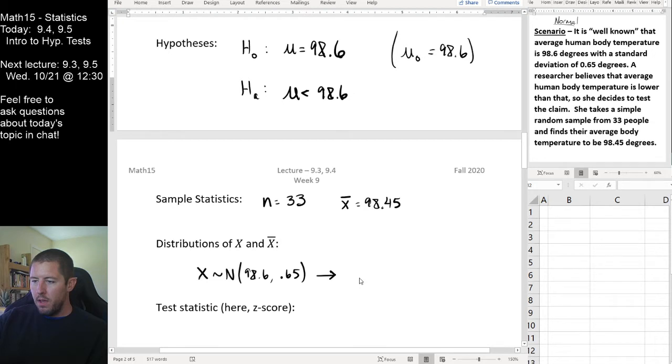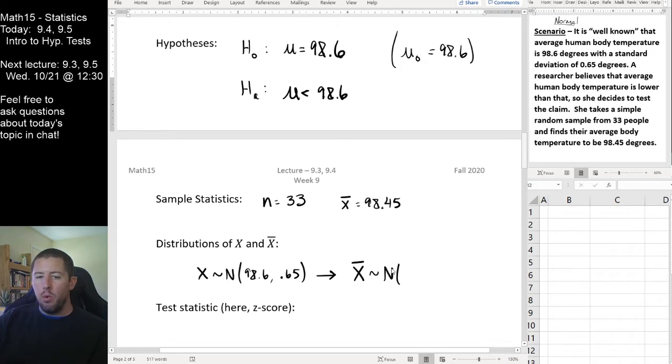So our sampling distribution for the sample mean then should be normal. And by the way, I certainly didn't say that our individuals for X were normal right here, but what we can find is that because 33 is larger than 30, the central limit theorem will tell us that even if our individual was not normally distributed, our groupings of 30 or more will be normally distributed.